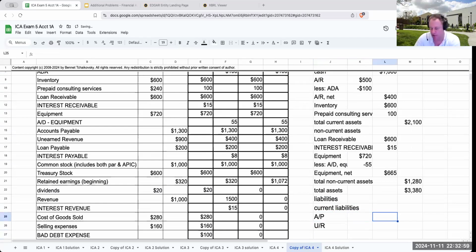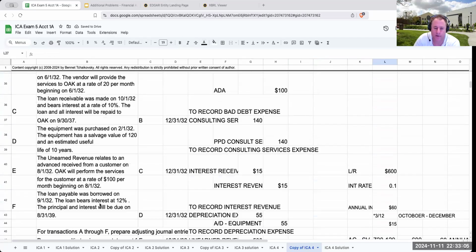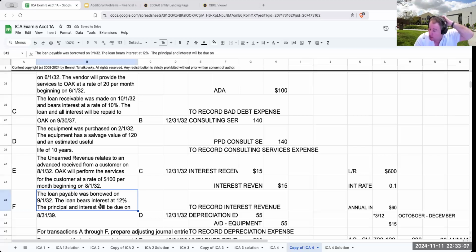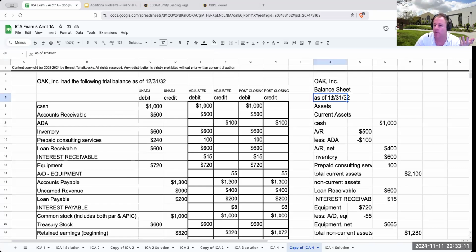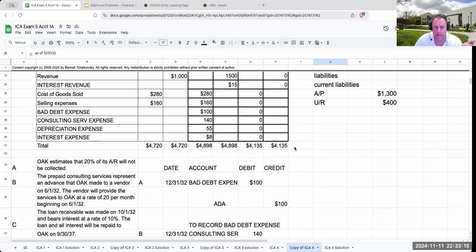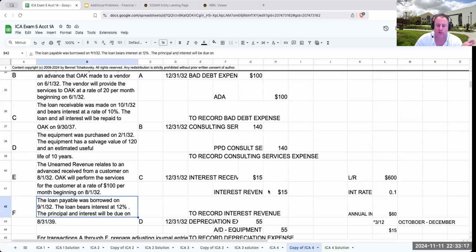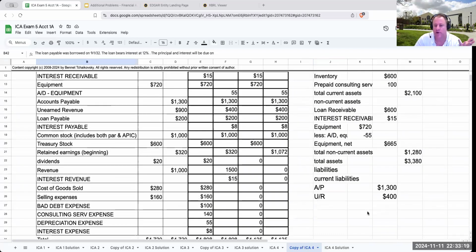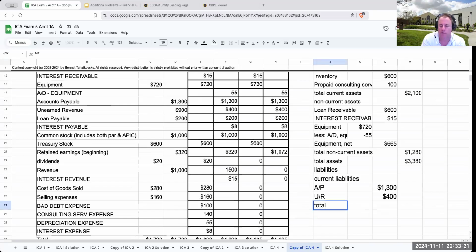So these over here are going to be 1.3 million and 400,000. Now for the loan payable, if the amount is due by 12/31/33 within a year, it's going to be a current liability. Over here, it is going to be non-current because it's beyond a year. So my total current liabilities are going to be 1.7 million.